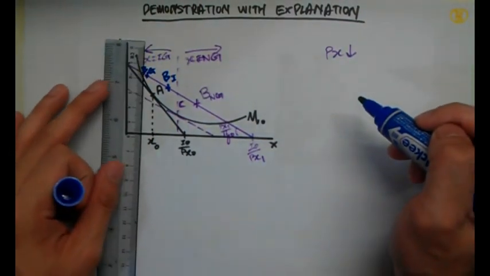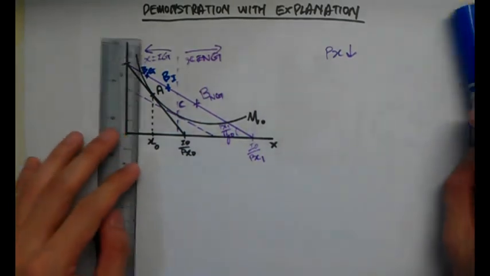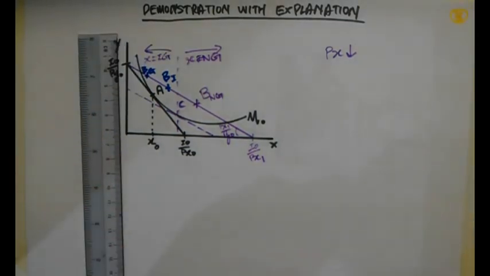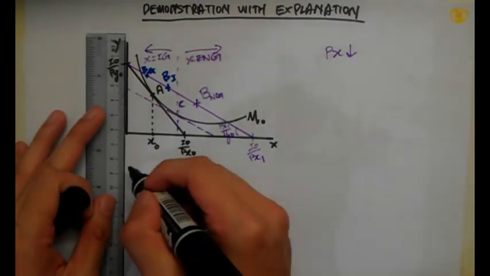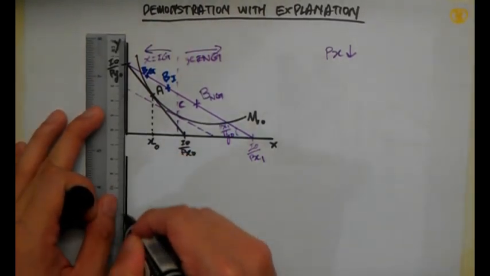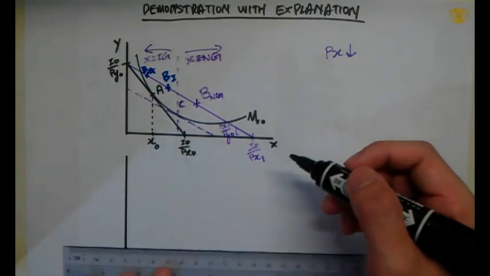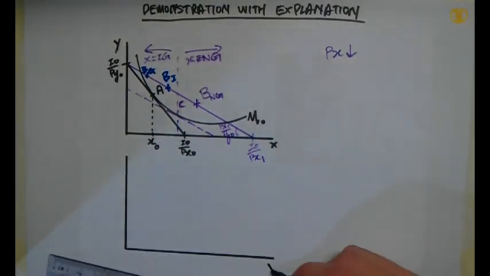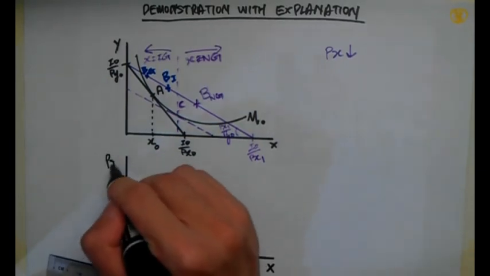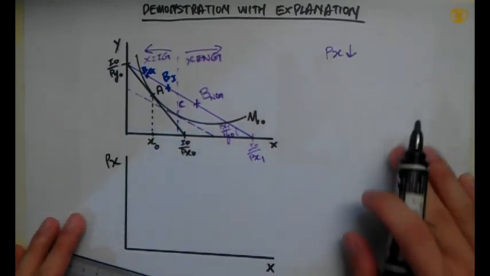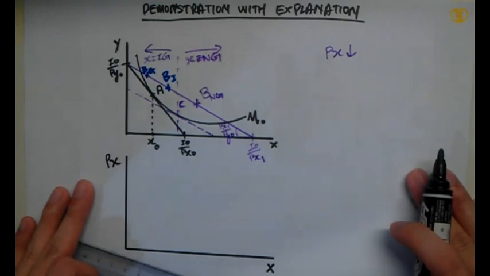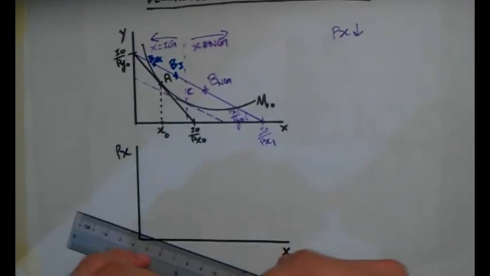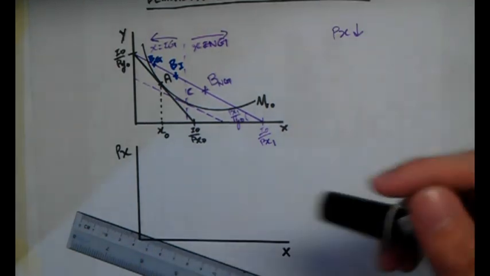Okay, so what we do next, which is step 2, we will expand the graph vertically by adding a price of X against a quantity of X graph below the X and Y graph. Price of X. We will now mark out the respective price of X and the X points for the normal good, inferior good, and Giffen good.